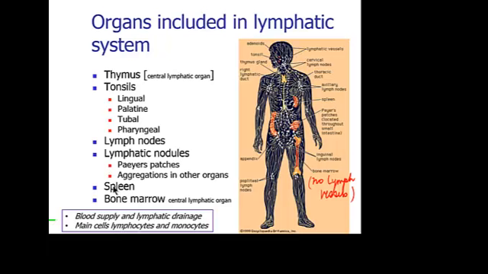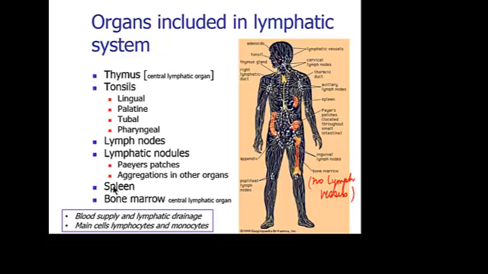Most organs in the body which have a blood supply automatically have lymphatic drainage, because if you remember when we looked at that first slide, you saw what lymph is. It's basically fluid which has seeped out of blood vessels into the interstitial space and has not gone back into the blood vessels, right? So it's interstitial fluid. Any structure which has a blood supply automatically tends to have lymphatic drainage.